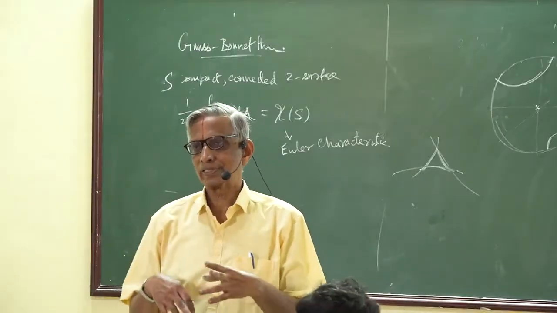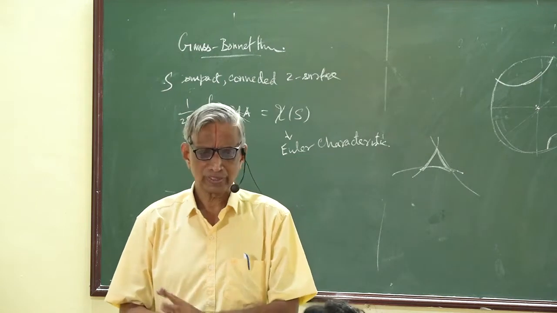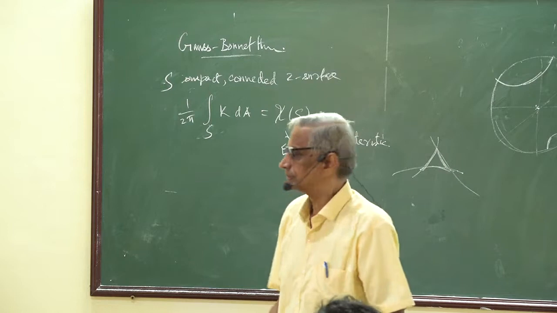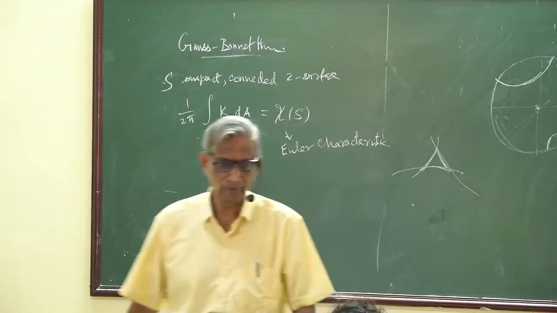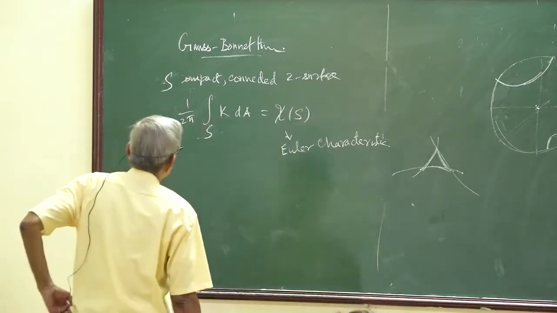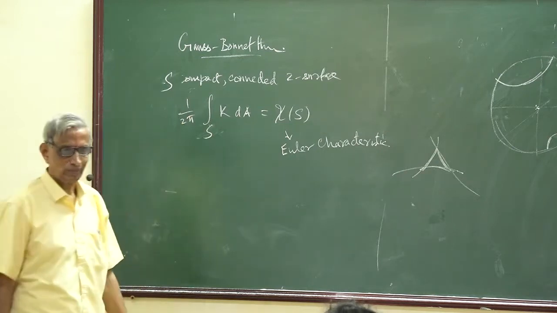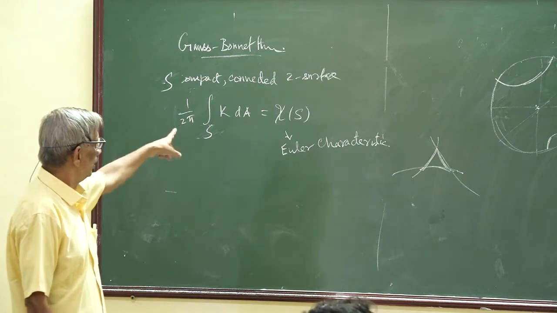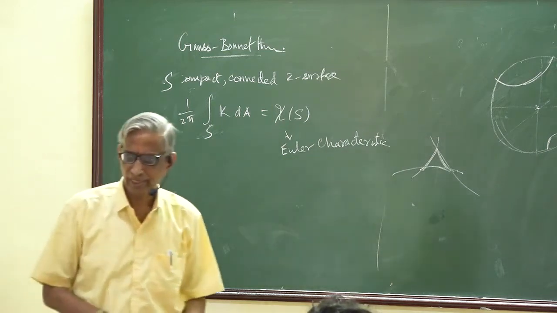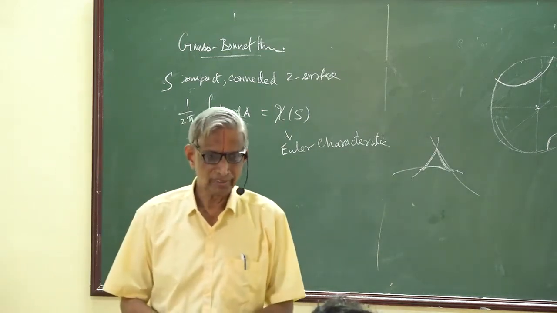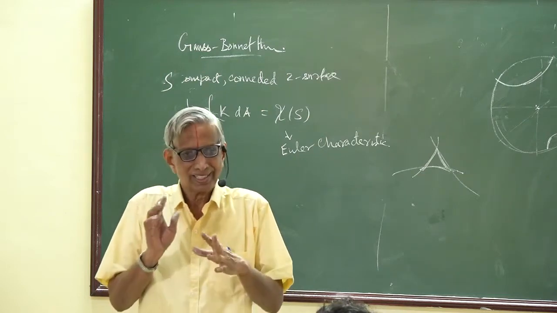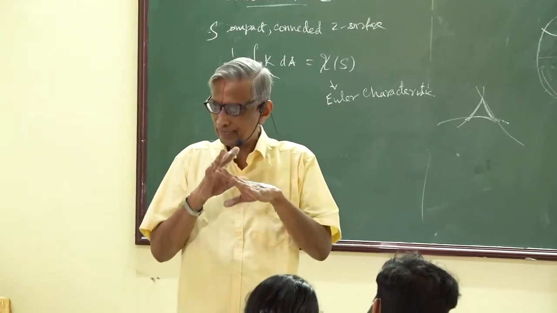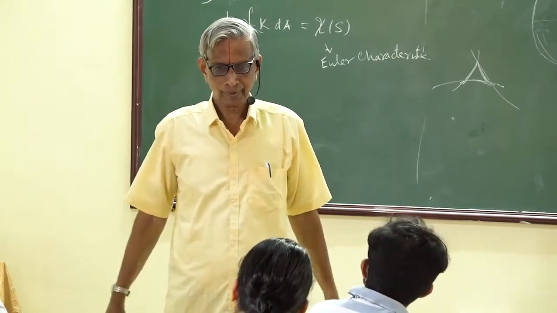So the integral of the curvature function over the surface is sometimes referred to as the total curvature of the surface. So the average of the curvature at all points. Of course, a factor of 1 by 2 pi comes in. So of course, you have to make sense of the integral there, what it means and so on. We will not go into that. So this dA is what is called the surface area form, right?